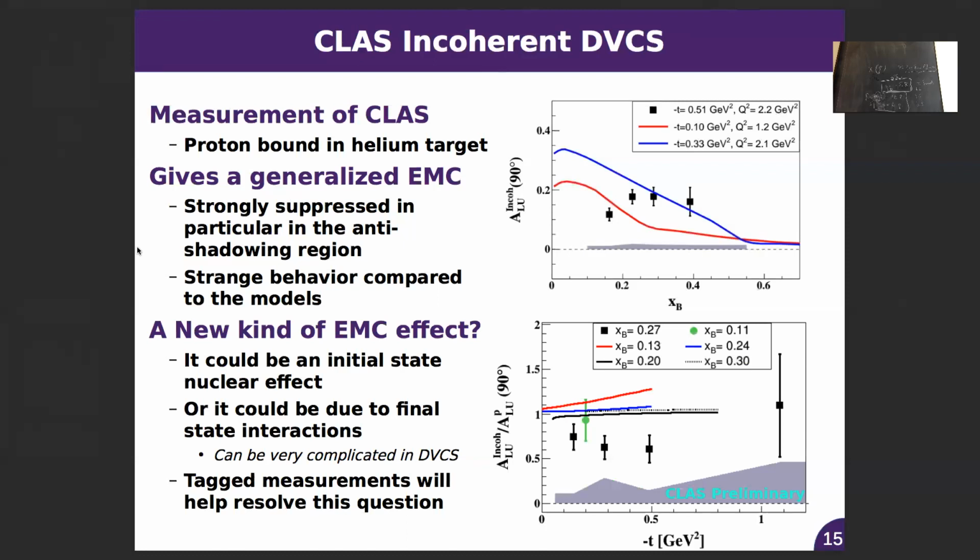Now, a work that has not been done, and we've been discussing it, and I think there is a little bit of progress to make, and it could be very interesting, is to start to separate the contributions, because some of the modulations are purely initial state, and some will be mostly final state. Looking at that should be very helpful to also separate other effects, like what Ruth was talking about, if you want to see how much the transverse momentum is modified when you put the nucleon inside the nucleus.